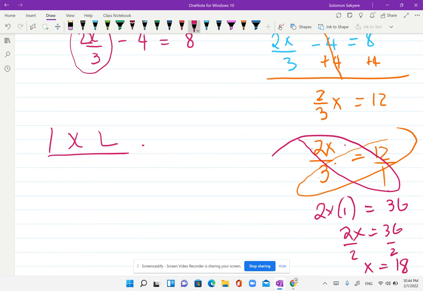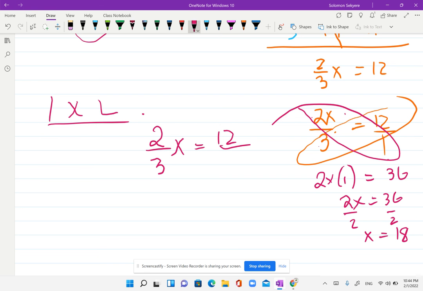Another way of doing it is, 2 over 3 x equals 12 at this step. First you want to get rid of the denominator here. Multiply both sides by 3. If I do that, 3 cancels 3.